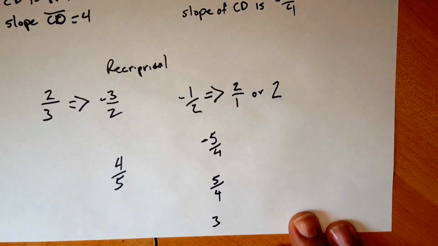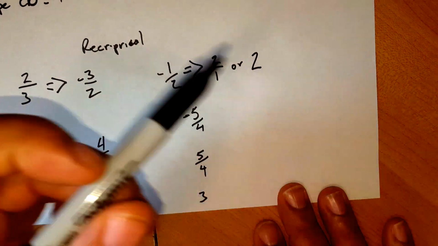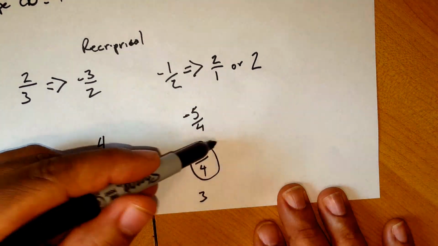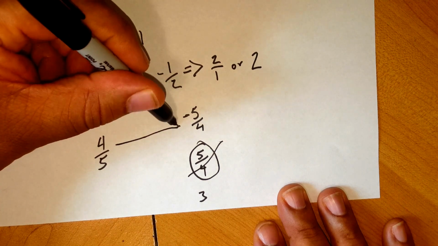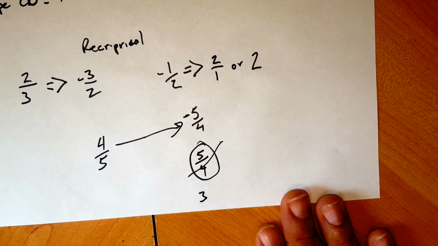People tend to forget that it's the inverse reciprocal, and they end up choosing the wrong one. So remember, inverse reciprocal means that we change the sign and turn it upside down. Make sure not to make that mistake. Change your sign and turn the fraction upside down.